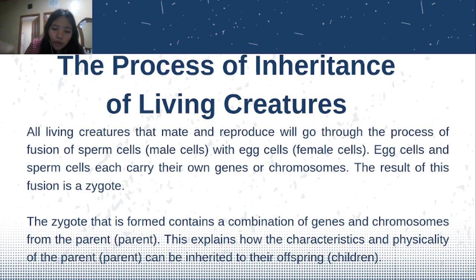The zygote that is formed contains a combination of genes and chromosomes from the parents. This explains how the characteristics and physical traits of the parents can be inherited by their offspring. That's why our characteristics are similar to our parents' characteristics.